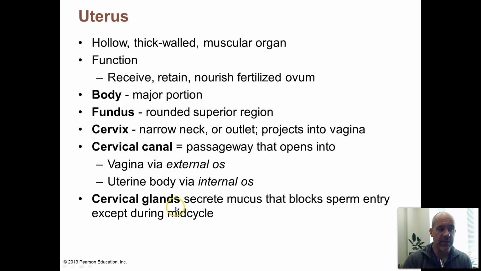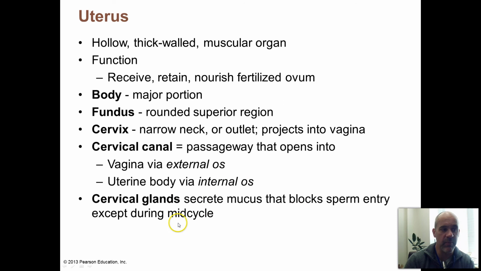The cervix does have glands embedded within it that secrete mucus, and we talked a little bit about those over on the male side of things. That mucus creates a plug over the external os, and that prevents additional sperm from entering into the cervix and on into the uterus and up further into the fallopian tubes, except around the time of ovulation.